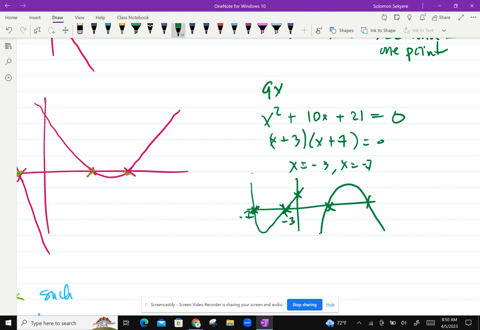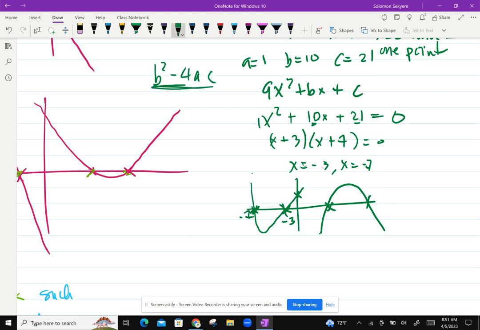Let's compare with ax squared plus bx plus c: a equals 1, b equals 10, and c equals 21.